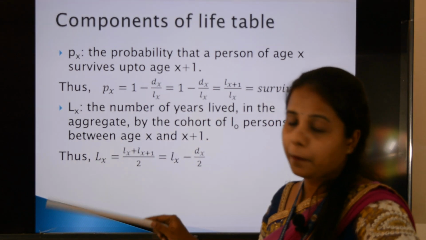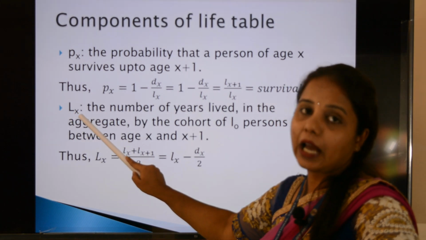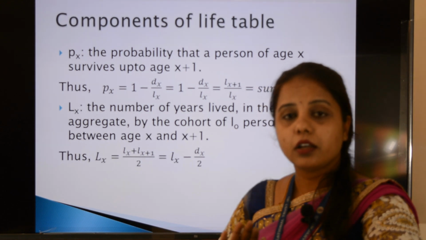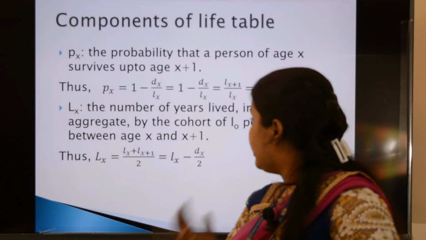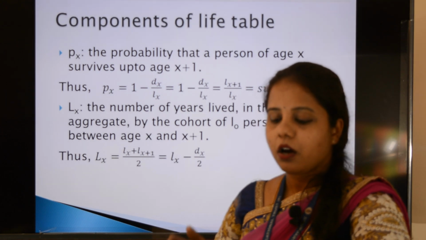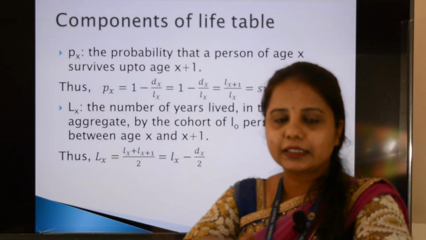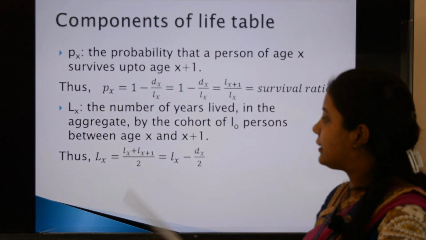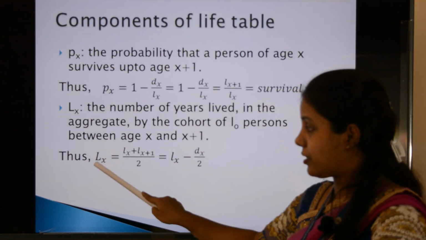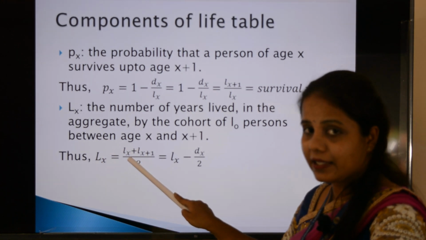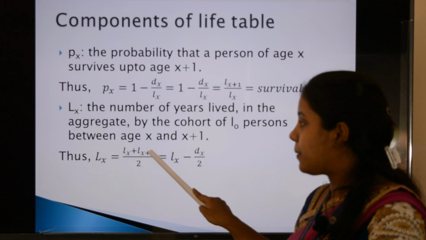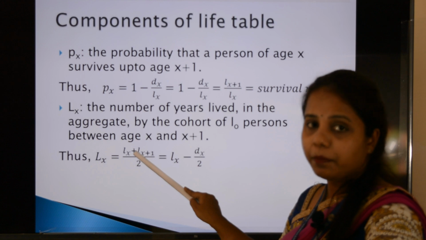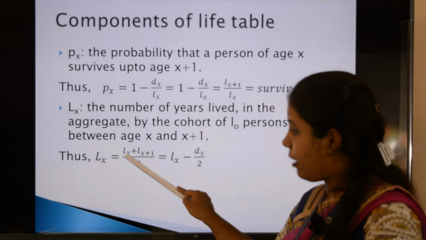The next component is capital letter Lx. Capital letter Lx is the average number of years lived by the cohort between small lx and small lx plus 1. That is why the formula of capital Lx is small lx plus small lx plus 1, divided by 2. That means l20 plus l21 divided by 2.